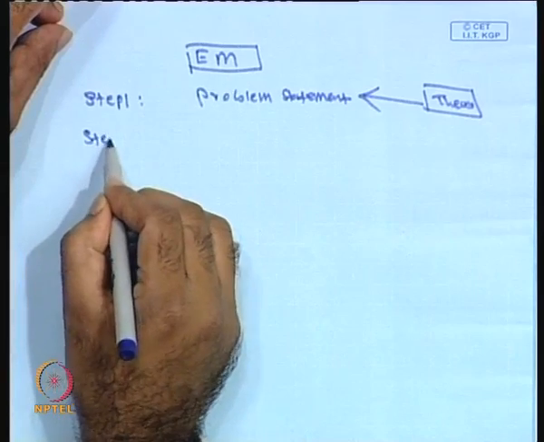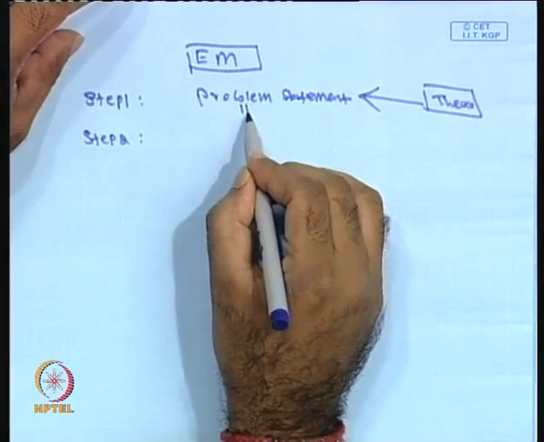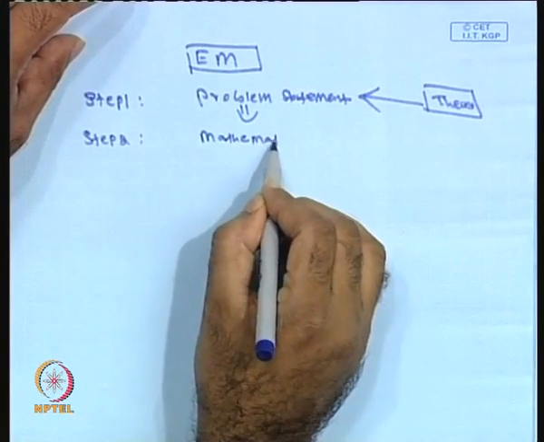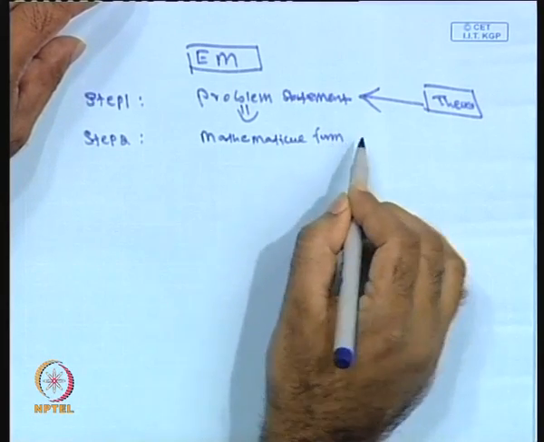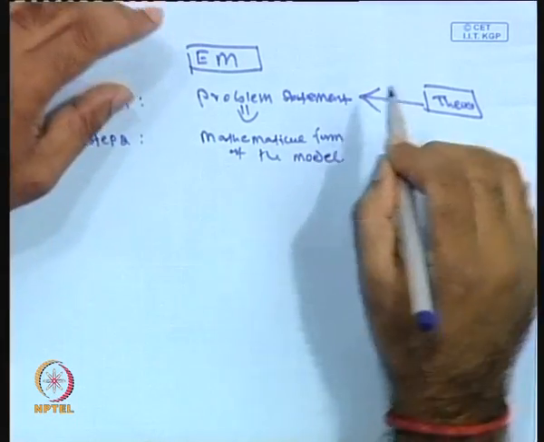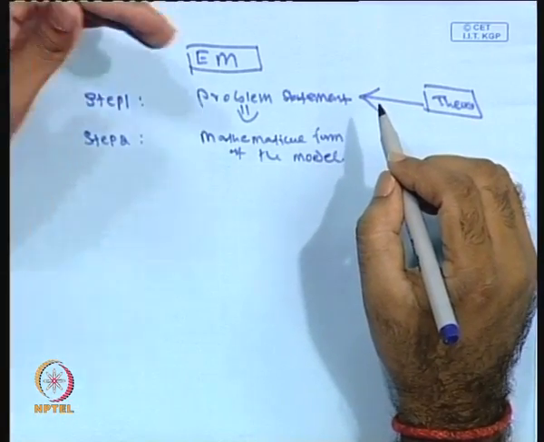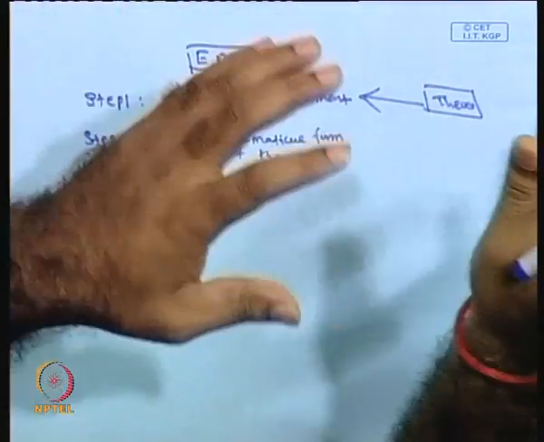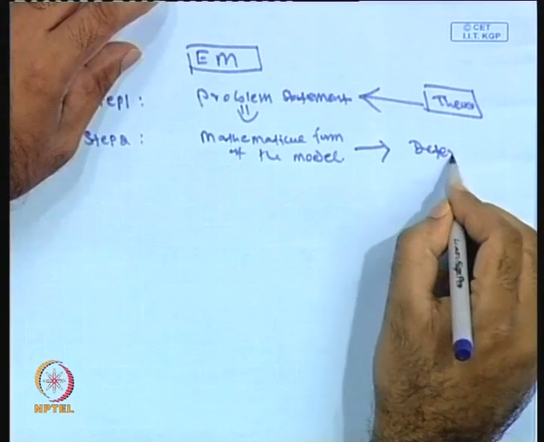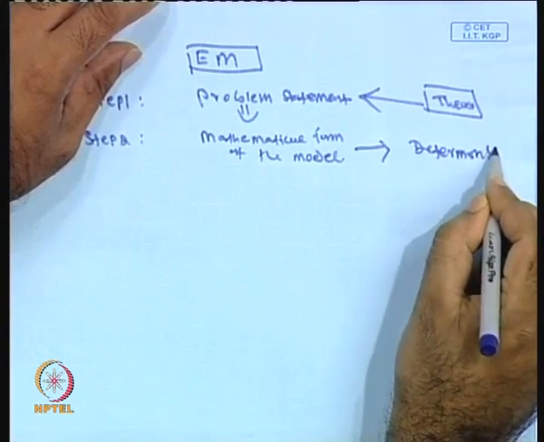Then in step 2, we have to transfer the problem into a mathematical form of the model. What is the mathematical form of the model? It is just the transformation of raw information into certain mathematical equations. It is the transformation of theoretical information into quantitative information. So basically it is an indication of a deterministic model.